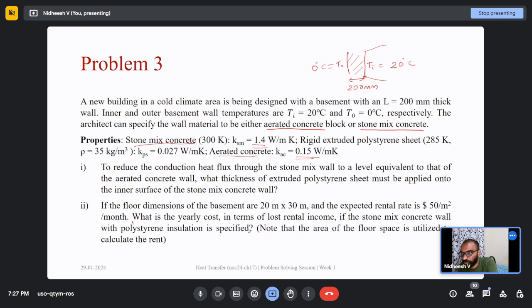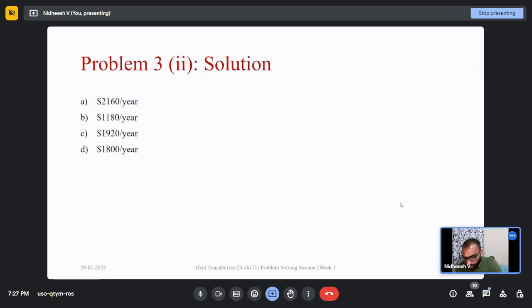Okay, I will explain the question. In the same problem, say this was our floor area before, 20 meter cross 30 meter. This was our floor area, and we had a wall. It was a rectangular room.